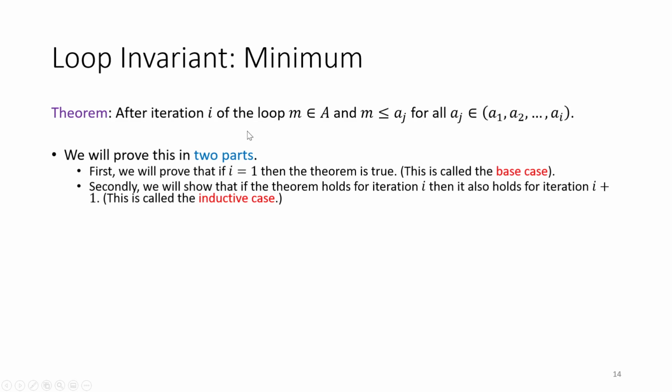So what does it mean, the minimum so far? The "so far" part I need to formalize first. What do I mean by so far? I mean after some iteration. Which iteration? I need to give it a name, so I'm going to call it iteration i. Now, why did I pick i?